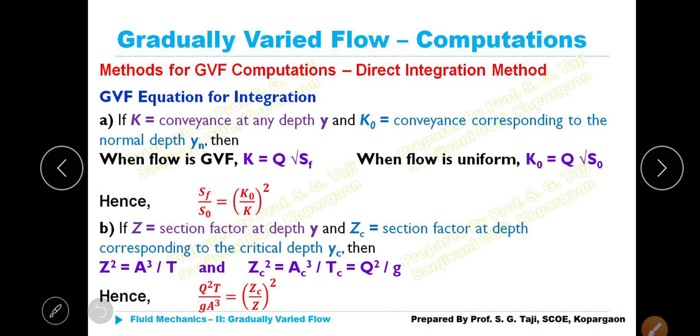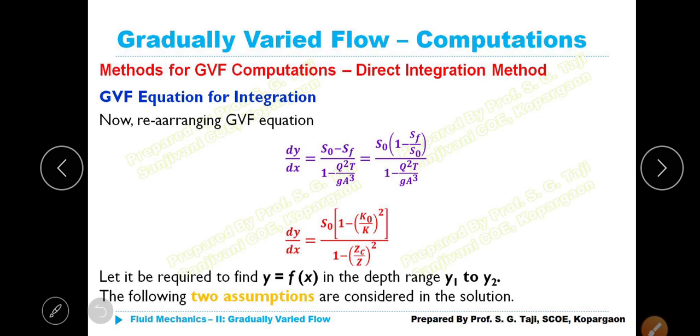If Z is equal to section factor at depth y and Zc is the section factor at critical depth yc, then we can write Z squared is equal to A cube upon T, and Zc squared is equal to Ac cube upon Tc, that is equal to Q squared by g. Hence Q squared T by g A cube is equal to (Zc by Z) whole squared.